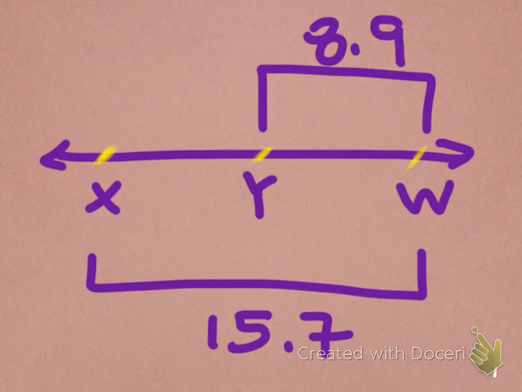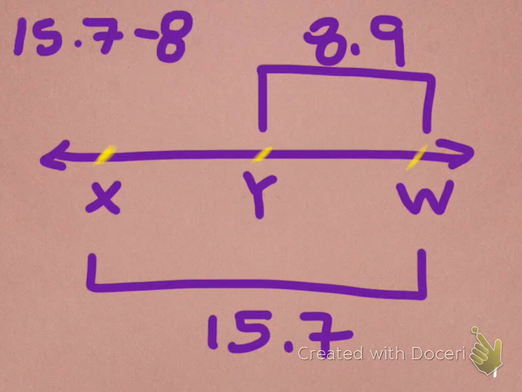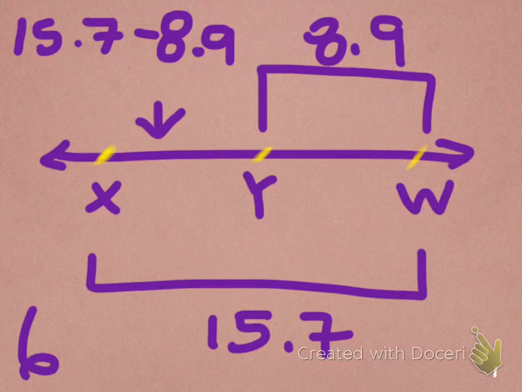So all we need to do is subtract, because we have the total, 15.7, minus part of the total, 8.9, will give us the other part, which is XY. So 15.7 minus 8.9 is going to be our answer, which is 6.8. So the answer for XY is going to be 6.8 centimeters.